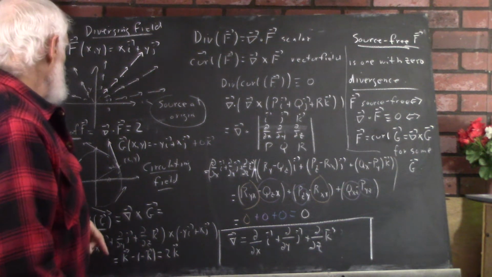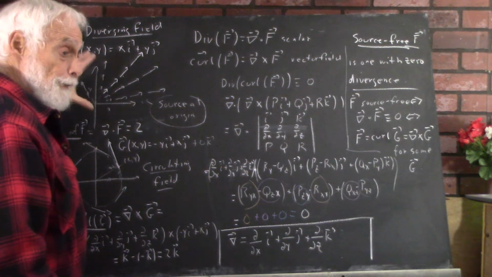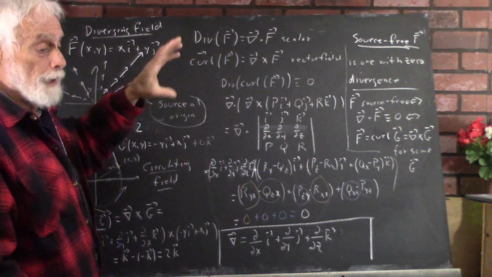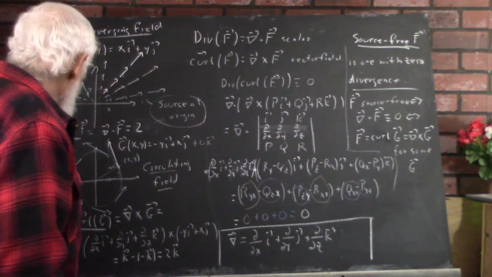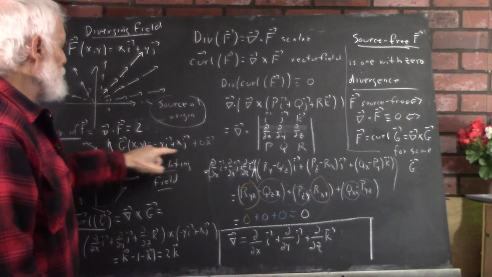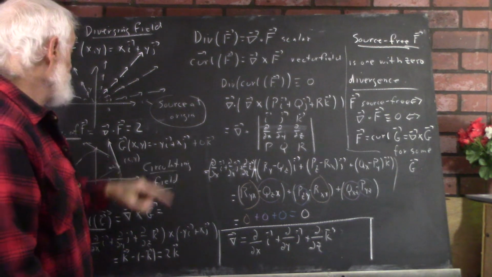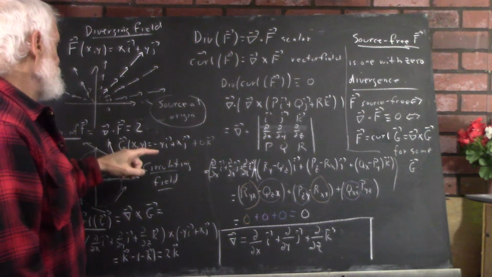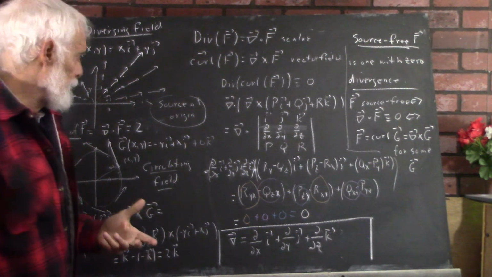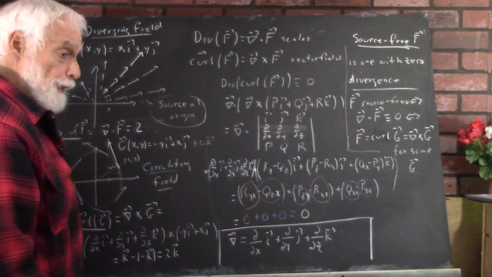And there's no reason you couldn't superimpose a field that circulates with a field that diverges. Okay, and then that field would not be a pure diverging field, it would not be a pure circulating field. All these vectors, if they represent this function, which is an example of a function that circulates around the origin, then all these vectors should have the same magnitude.